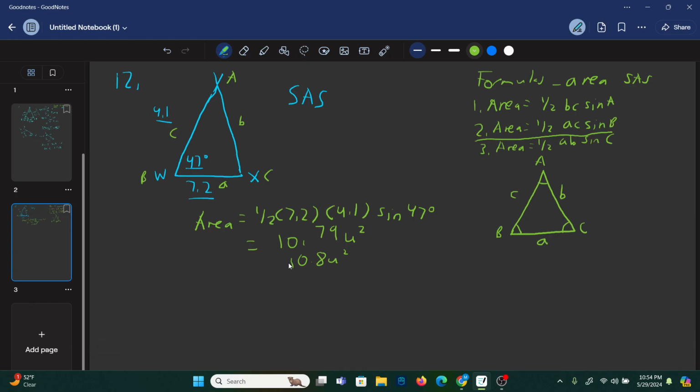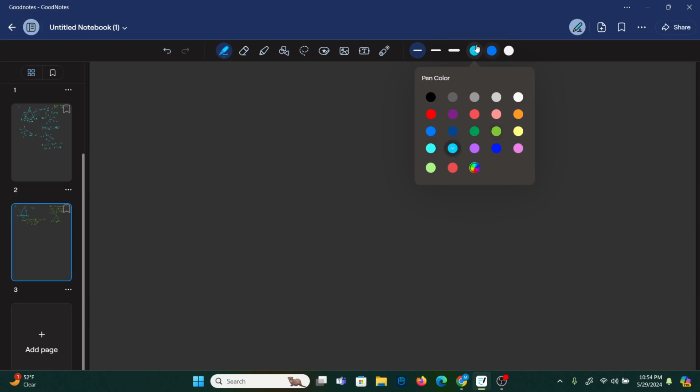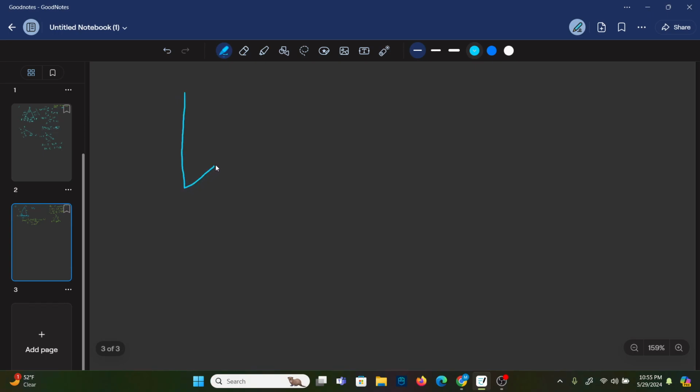So for question number 13, we want to solve the triangle. We have triangle DEF, and it's a right triangle.